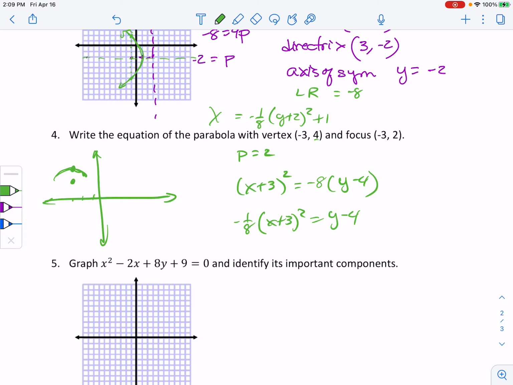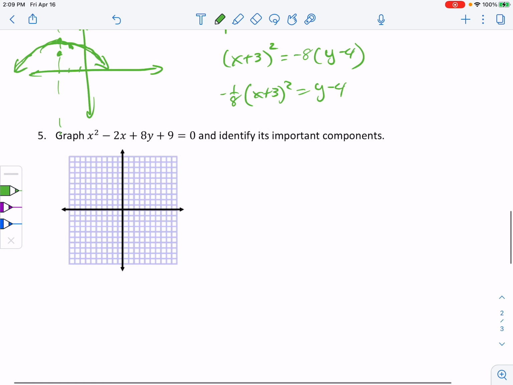Okay, either way, both equations work. Your directrix then is going to be up here at 6. Axis of symmetry is this way. The latus rectum is 8, so I'm here. You go 4 this way and 4 this way, and my curve's doing this. Isn't that fun?